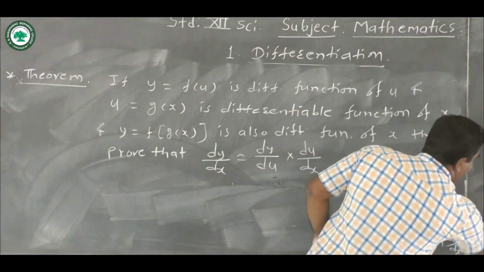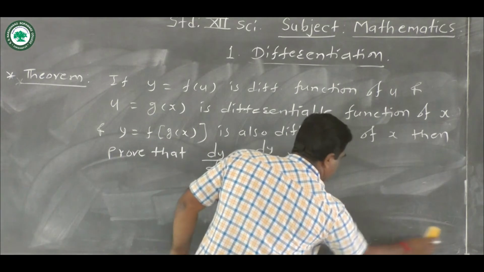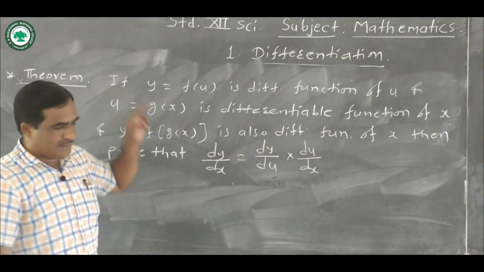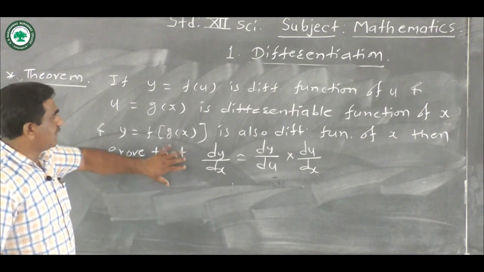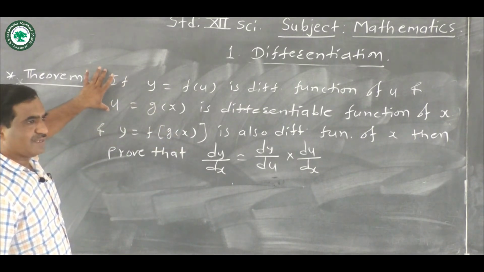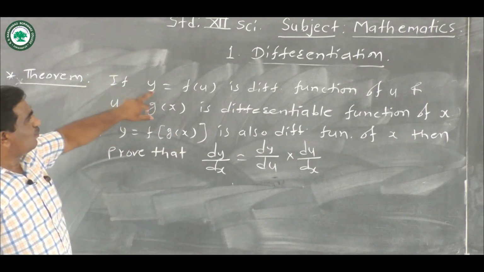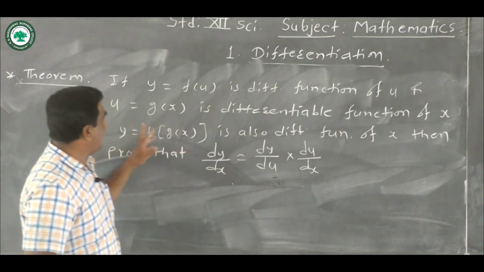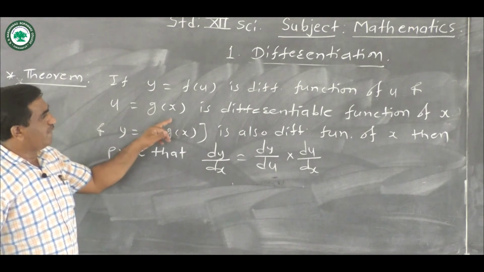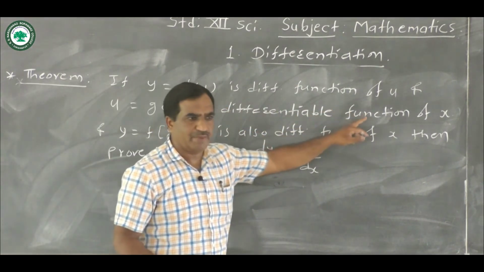Now this is the statement of the composite rule. We have to prove this. In this statement, the first part is given, that is, y equal to f of u is a differentiable function of u and u equal to g of x is a differentiable function of x.